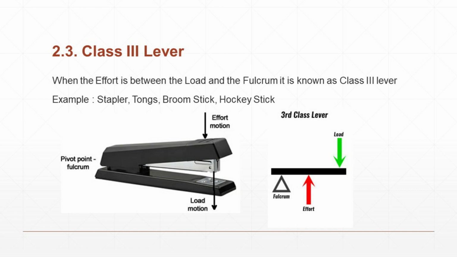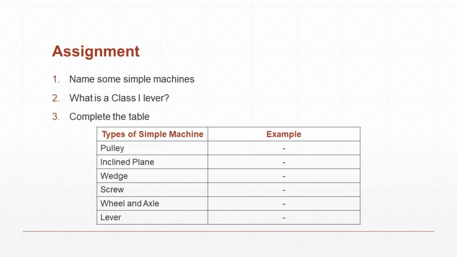Now I want to tell a small thing about machines. Simple machines usually exchange a smaller force to move a heavy object. The work required is the same, but the force required is less.